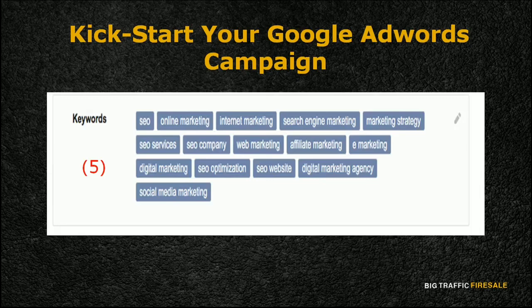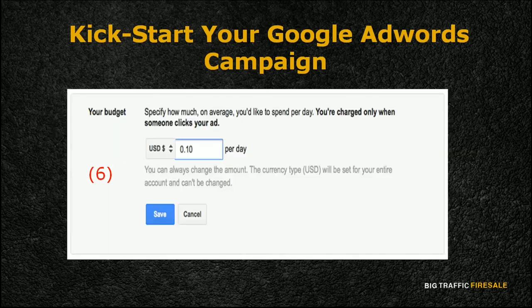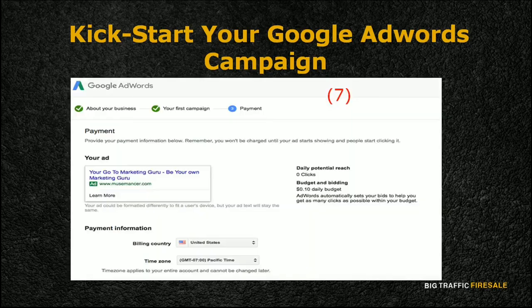The fifth step is to paste your keywords. Start with just one set and add plus signs, brackets, and quotation marks to see how many search results you'll get. The sixth step is to set your maximum CPC within your budget. For starters, maybe keep it low to scale. Finally, your ads will start showing up once you've confirmed your payment.